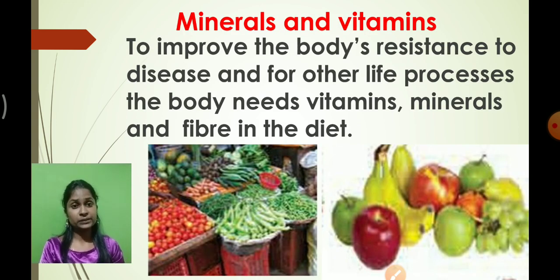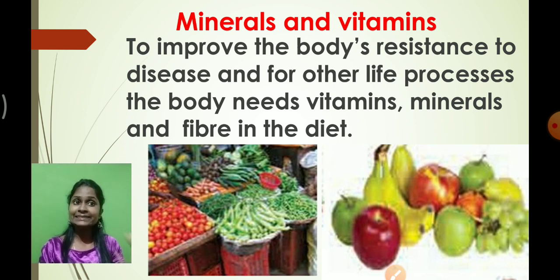And last but not least, in the nutrition part, minerals and vitamins. From where do we get minerals and vitamins? We get minerals and vitamins basically from all types of fruits and all types of leafy vegetables. That's why we have to eat fruits and vegetables in more quantity in order to get minerals and vitamins.